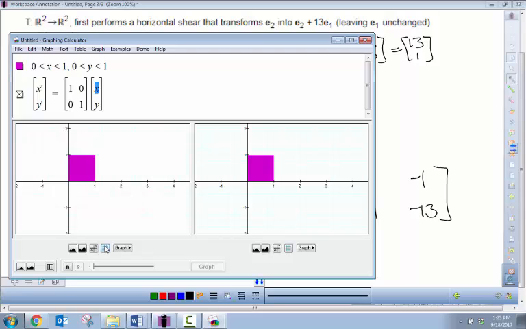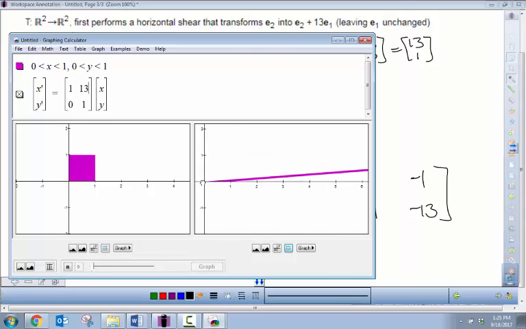And remember the shear? The shearing matrix, I think, is this thing with 13? That's a mighty shear.